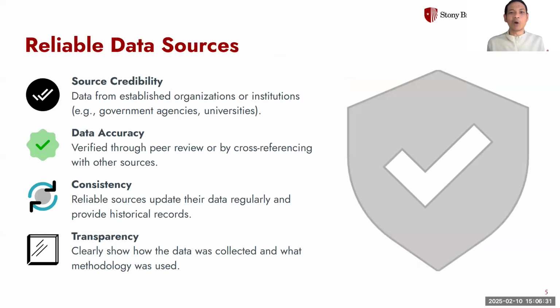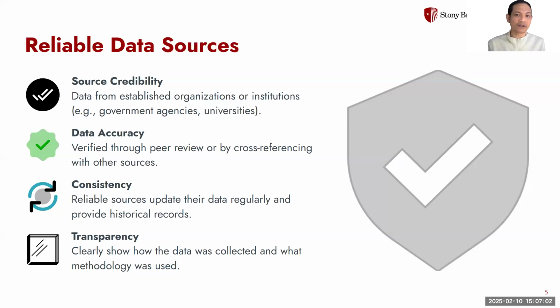But just because open data offers a lot of benefits doesn't mean all open datasets are inherently reliable. First, it's crucial to assess the credibility of the source. When evaluating data, we need to consider its origin. Data from established organizations or institutions like government agencies and universities tend to be more trustworthy due to their rigorous standards and accountability. We also need to ensure the accuracy of the data.